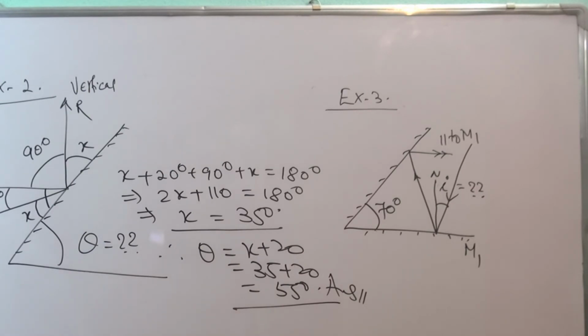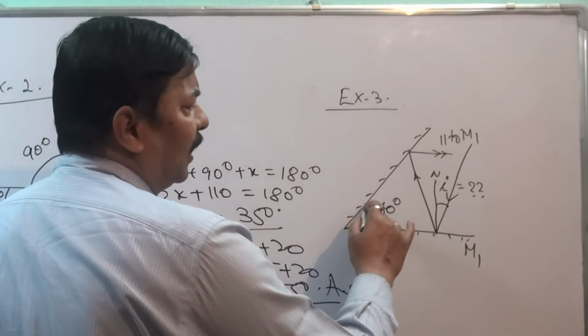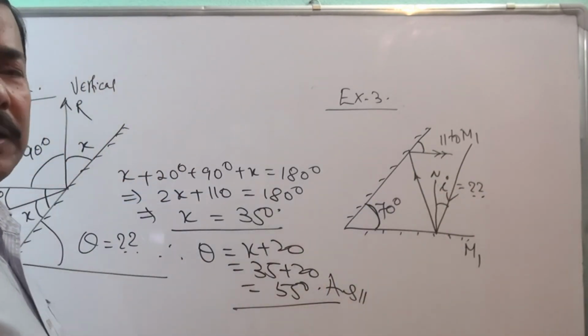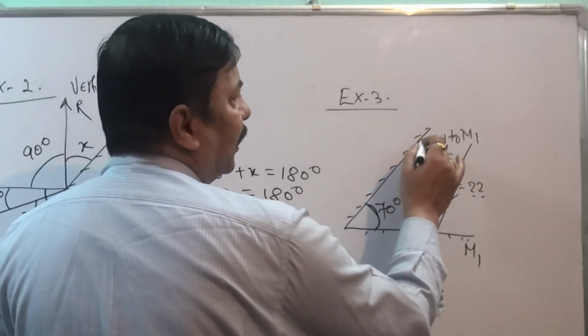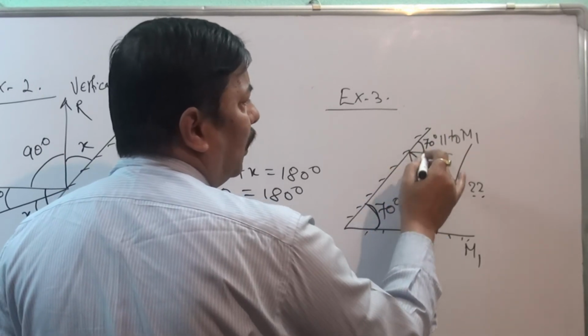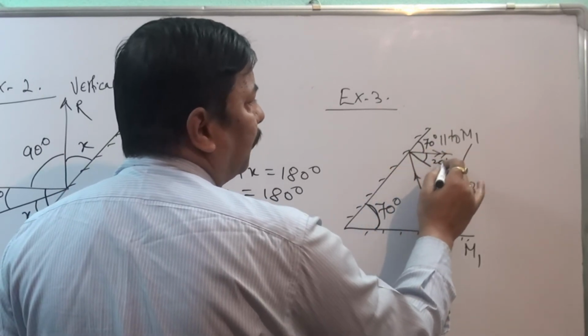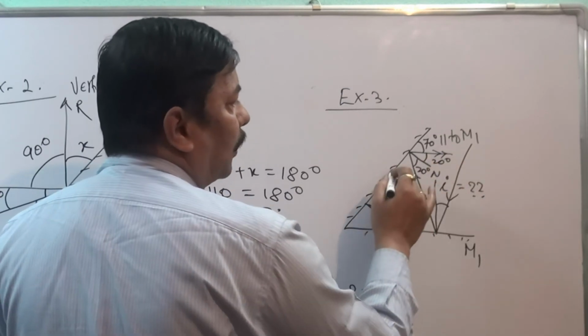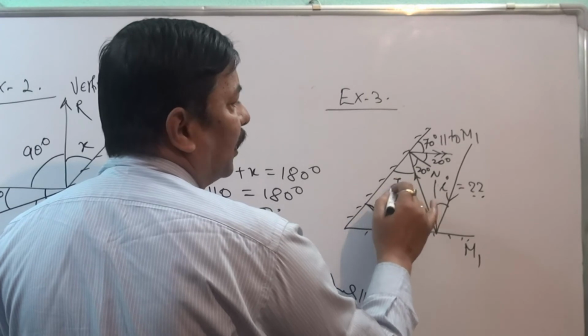And in this question, you will observe that this angle is 70 degrees. So this angle is also 70 degree. Why? Because it is a corresponding angle. So this is 70 degree. If I drop a normal, this angle should be 20 degree. This angle should also be 20 degree. I is equal to R. So this angle should be equal to 70 degree.